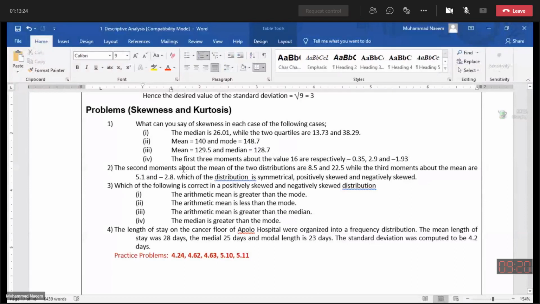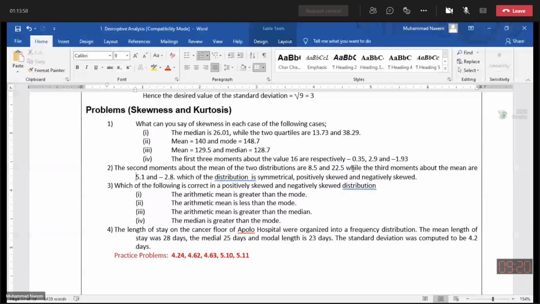In second exercise, the second moment about the mean of two distributions separately is given, and the third moment is also given. So which of the distributions is symmetric, positively skewed and negatively skewed? Separately calculate the coefficients for both the distributions.